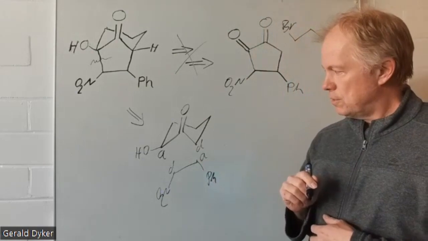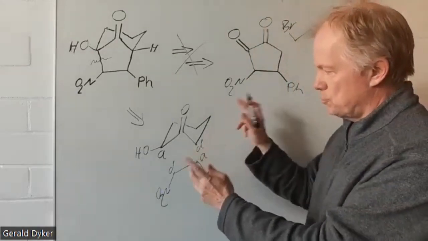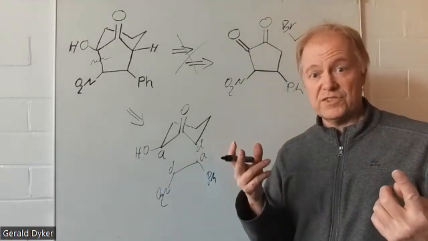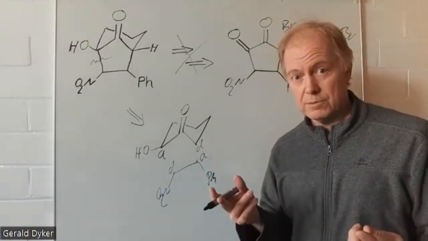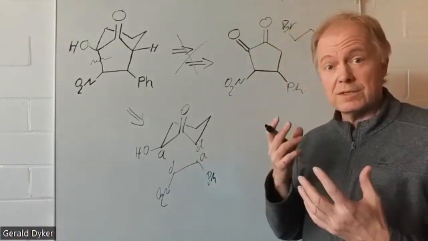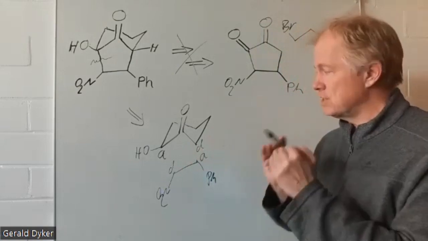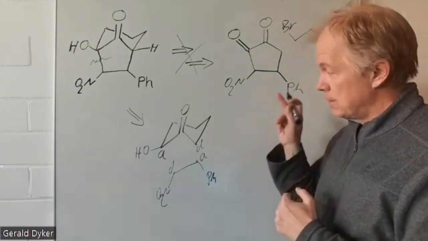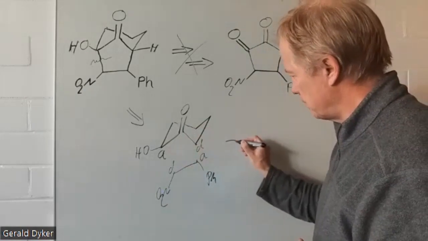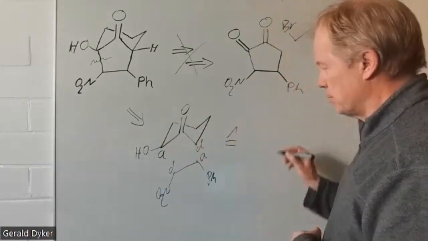So now from these two synthons, let us think about the synthetic equivalents we would need, and these synthetic equivalents should exhibit the reactivity we are in need of. So, very simple.